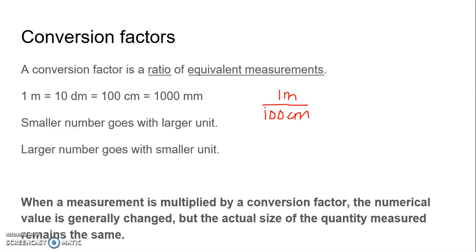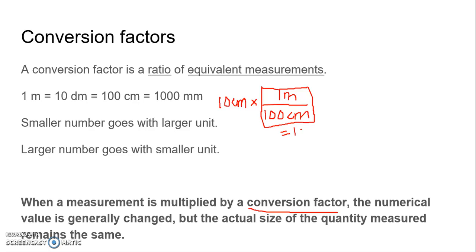Now, when a measurement is multiplied by a conversion factor, the numbers can change, but the actual size of the quantity measured remains the same. So, for example, let's say that I have 10 centimeter here, and then I multiply by this conversion factor, and remember that 1 meter equals 100 centimeters. So technically this ratio equals what? This ratio equals 1.